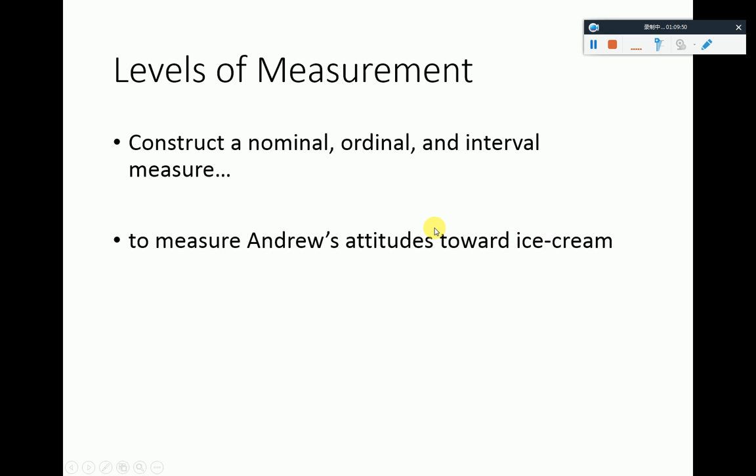Now, the exercise, which would not be graded, simply for your practice purpose, is to construct a nominal, an ordinal, and an interval scale or measure to measure the same concept. You measure the same concept with 3 different measures. How would you do it? Okay, so this will conclude this lecture on measurement or operationalization, and we'll see you tomorrow.